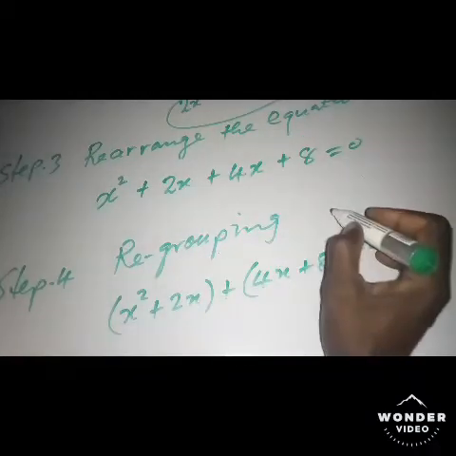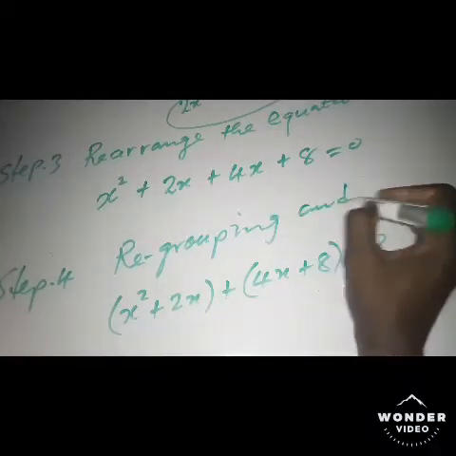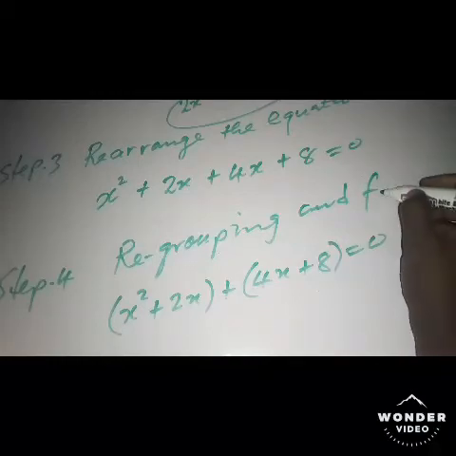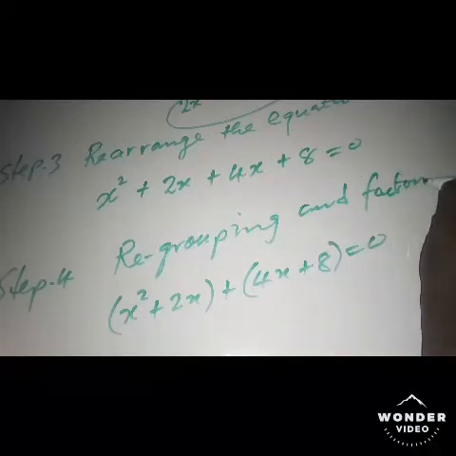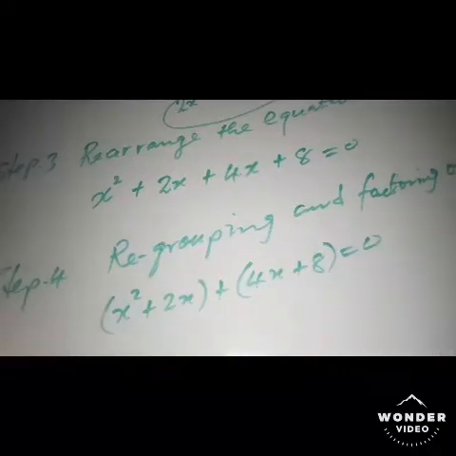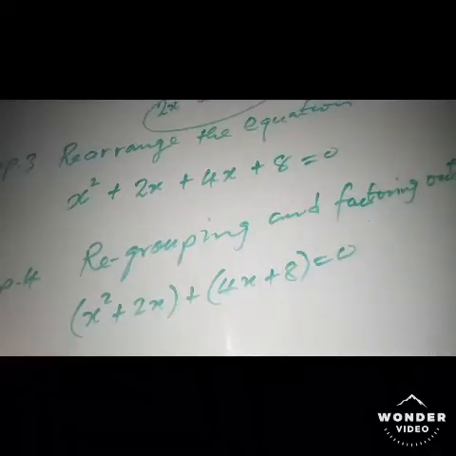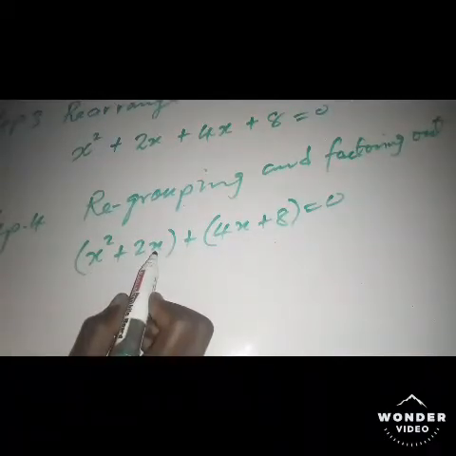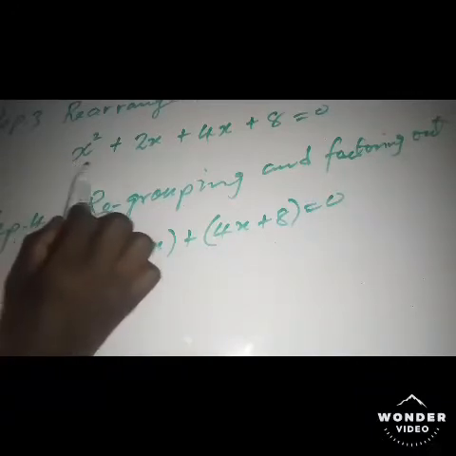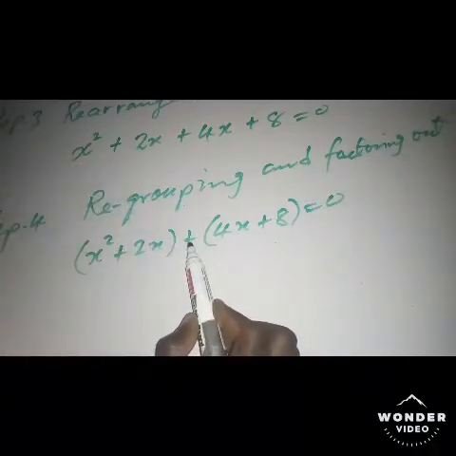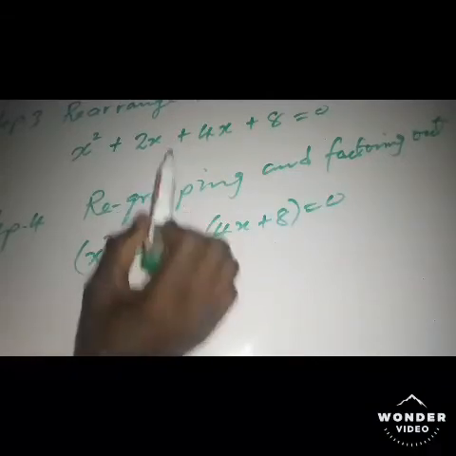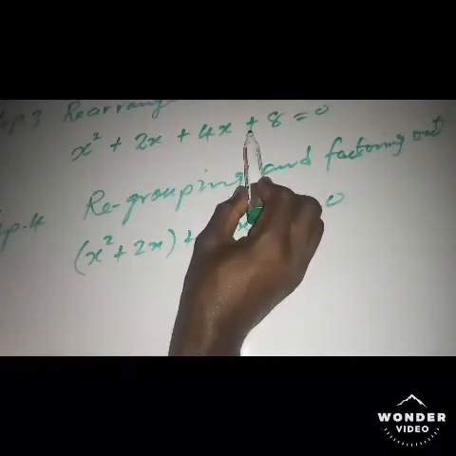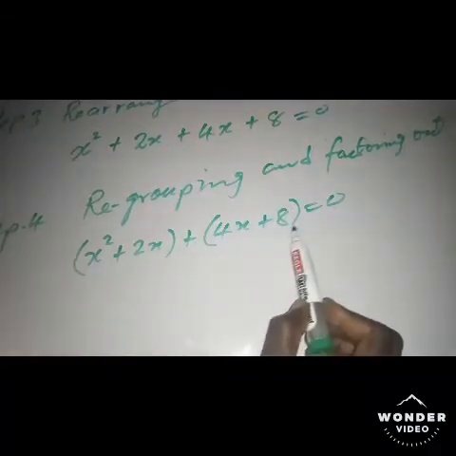So regrouping and factoring out. How do we factor out? Here we have x squared plus 2x, and here I have 4x plus 8, equals 0.